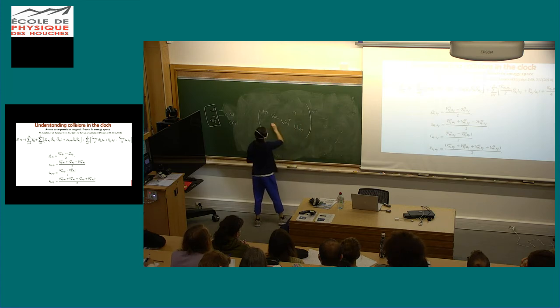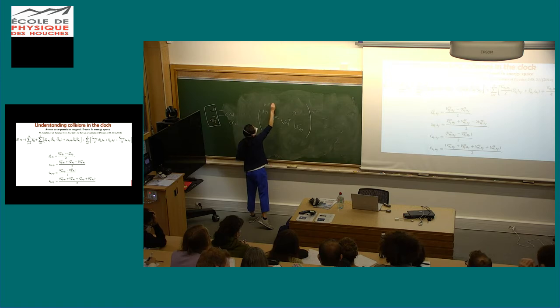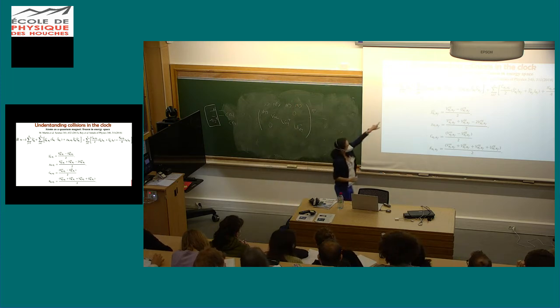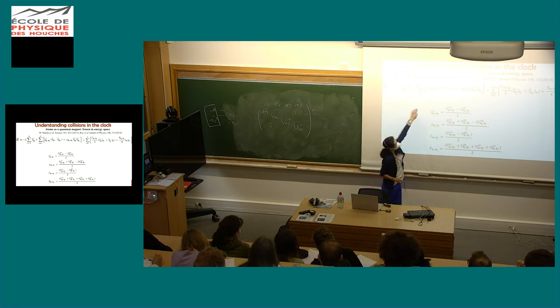At the moment, let's only consider the collisions. This is the triplet minus, the triplet 0, the triplet plus, the triplet 0, and the singlet state. This matrix can be written as this part on the blackboard, on the top.